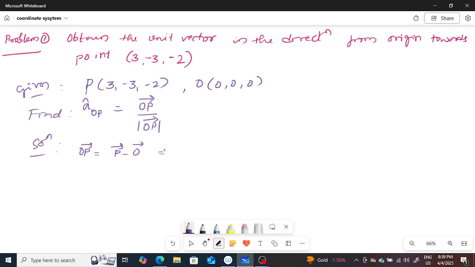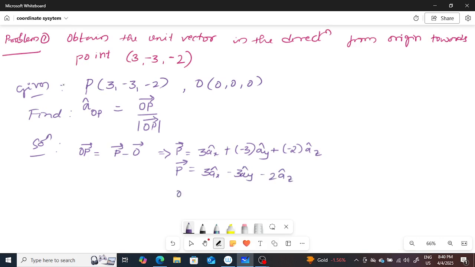If you want me to write it in more detail, I'll write it. P vector is nothing but 3ax minus 3ay minus 2az, because the coordinates are 3, minus 3 and minus 2.